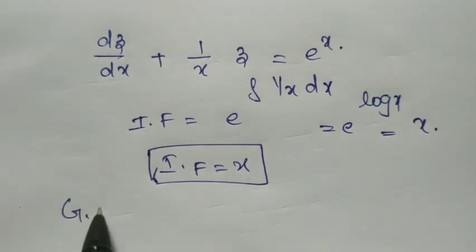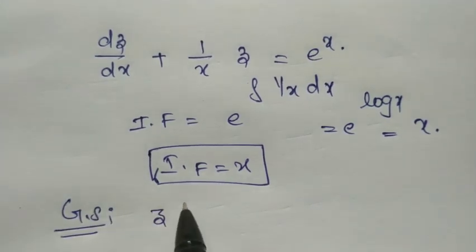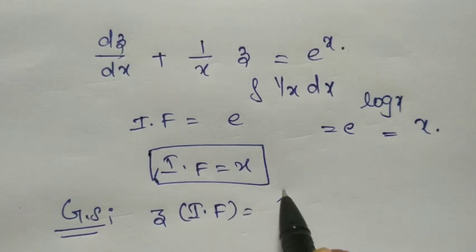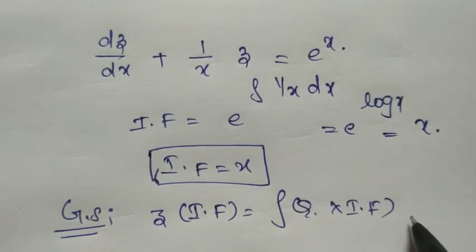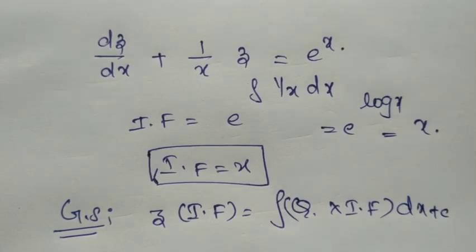By the general solution, z into integrating factor equals integration of q into integrating factor dx plus c. So here what is z? I am taking z equal to log y.